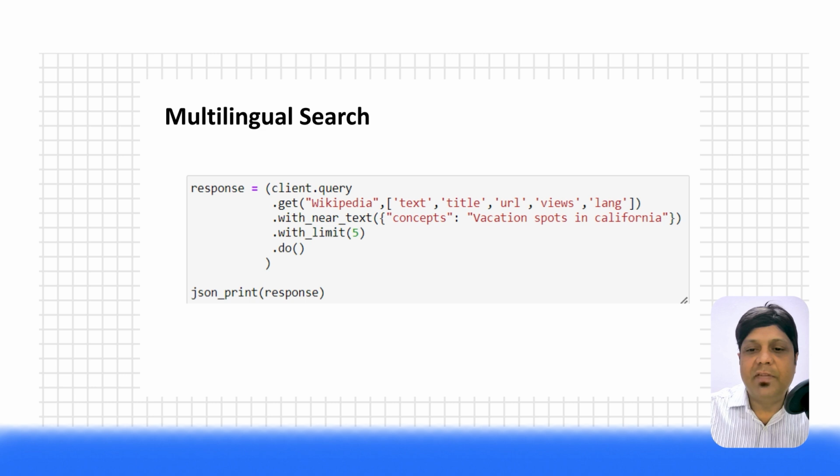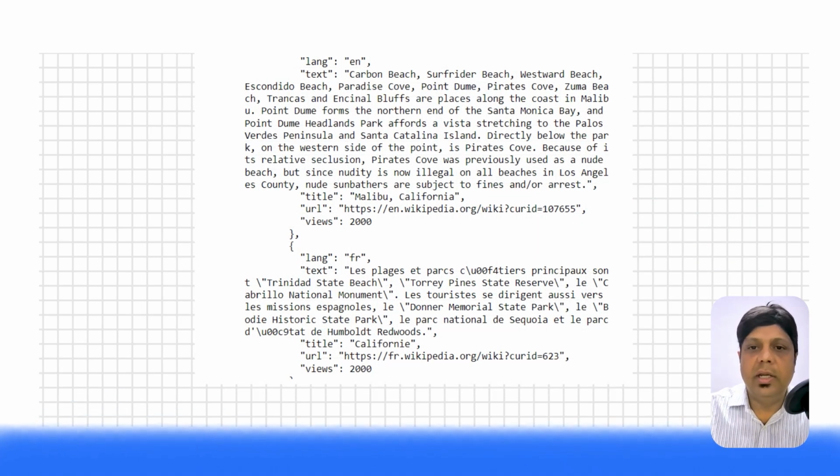For example, when we ask vacation spots in California in English, we could get the information in English and French. If we specify the language English, we get the answer in English, and if we specify French, we get the information in French as well. Similarly, we can ask a question in any other language and get the result in English.